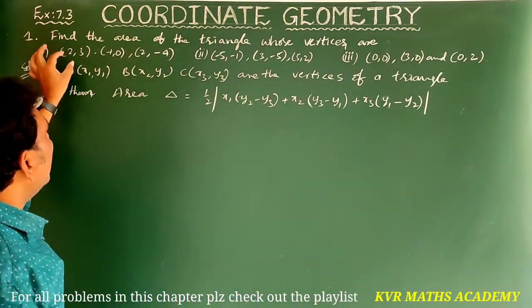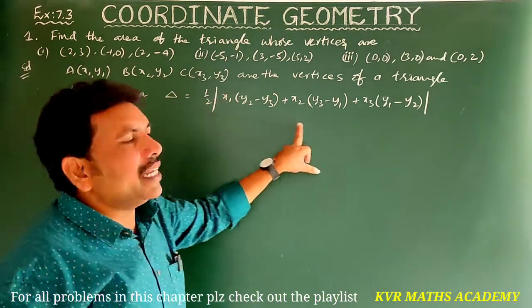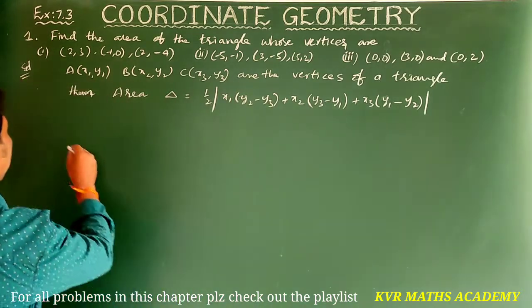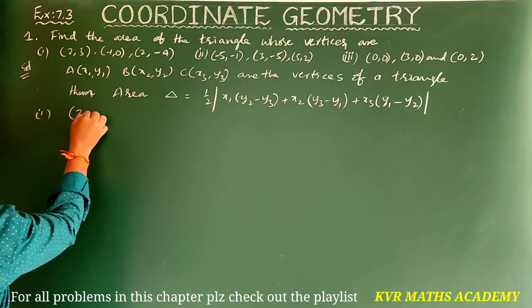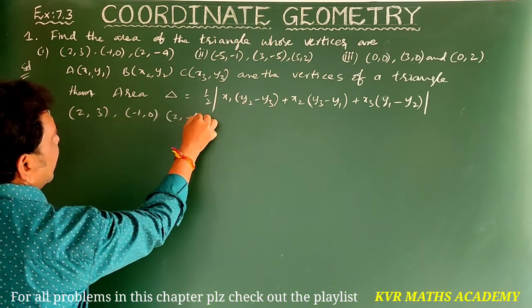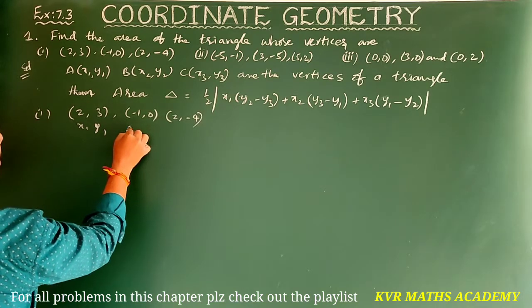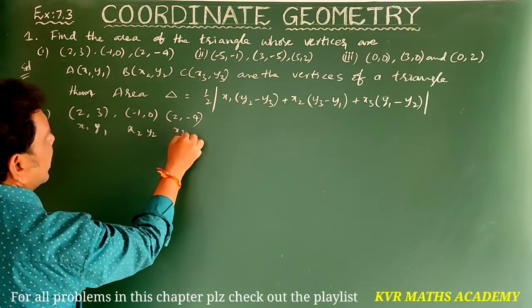So let us take the vertices one by one, and after that let us substitute in this formula. First one: let us take (2, 3), (-1, 0), (2, -4). So this is x1 y1, x2 y2, x3 y3.